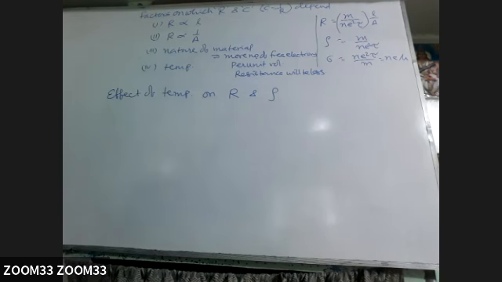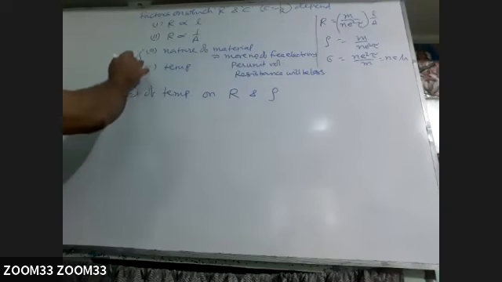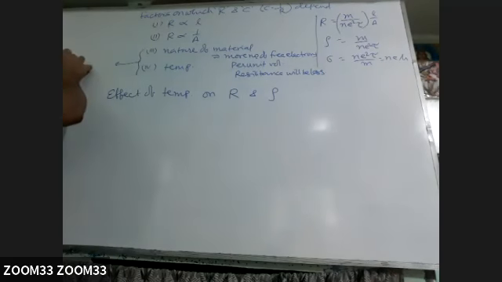The specific resistance does not depend on the length of the conductor, does not depend on the area of cross section. So these two will be the factors on which rho, or sigma, depends.